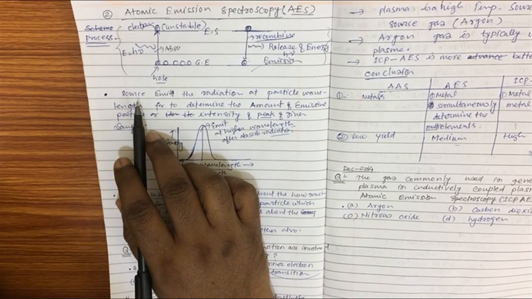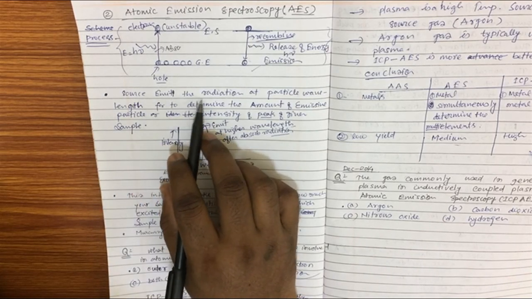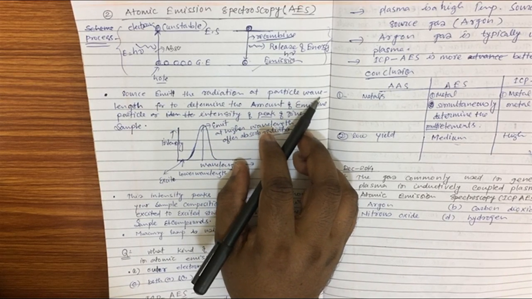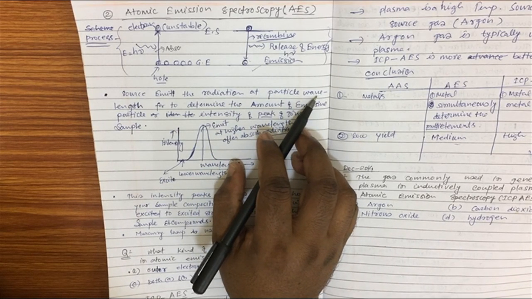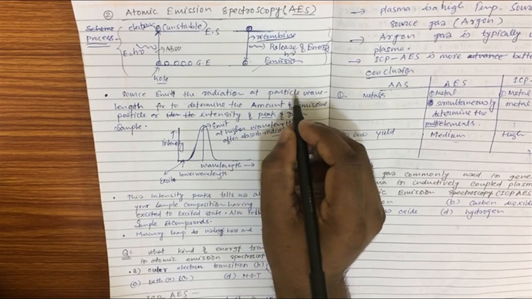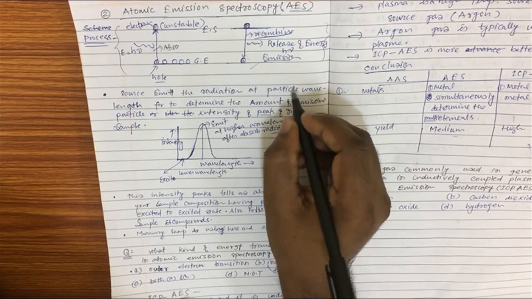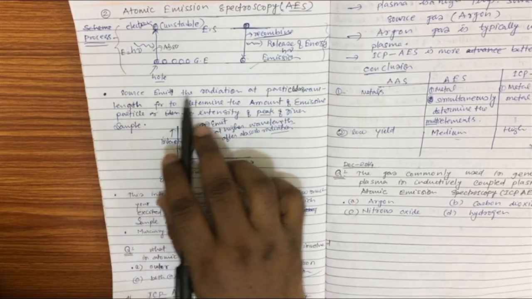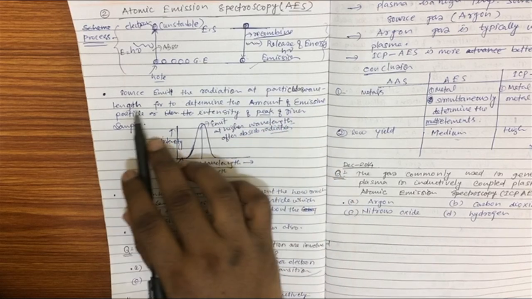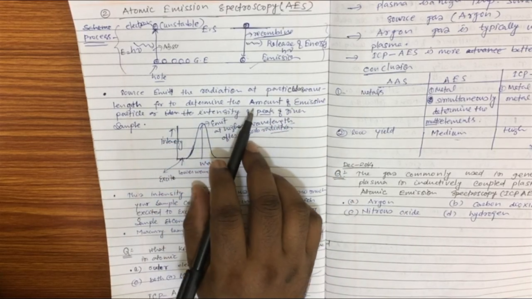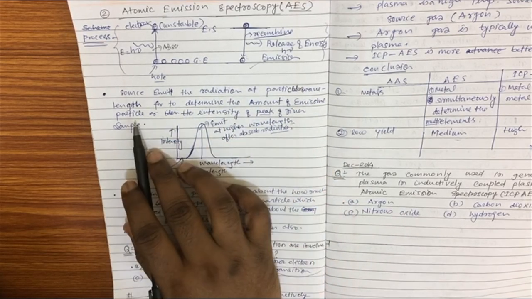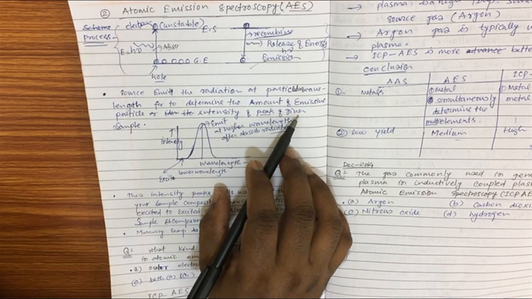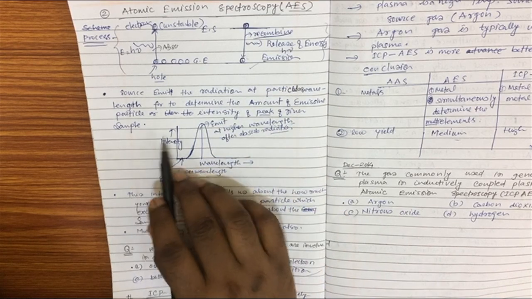Here the source emits radiation at a particular wavelength to determine the amount of emission, or the intensity of the peak, of the given sample.